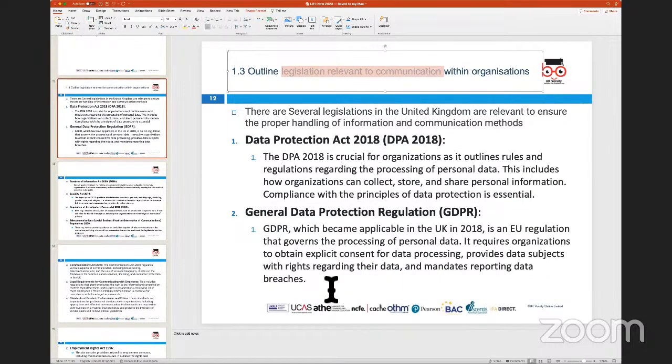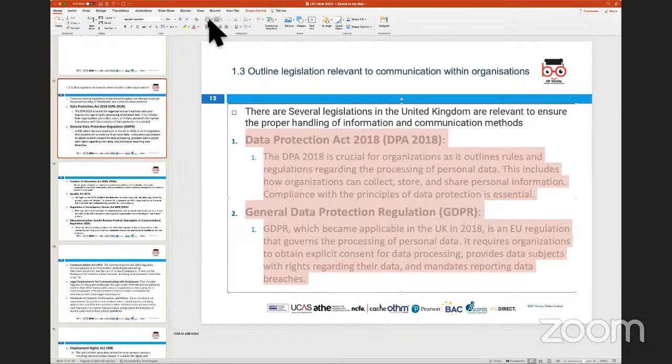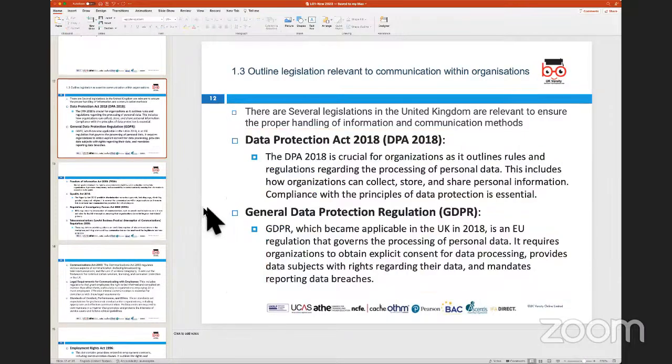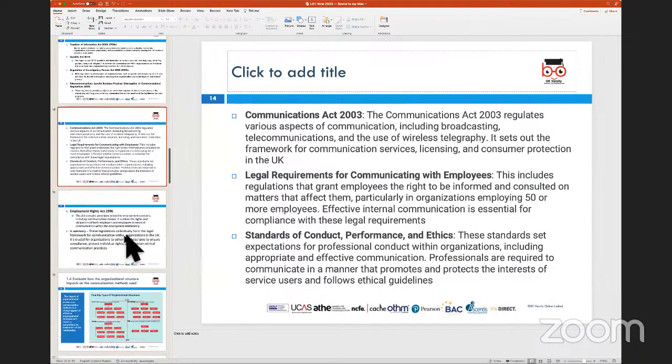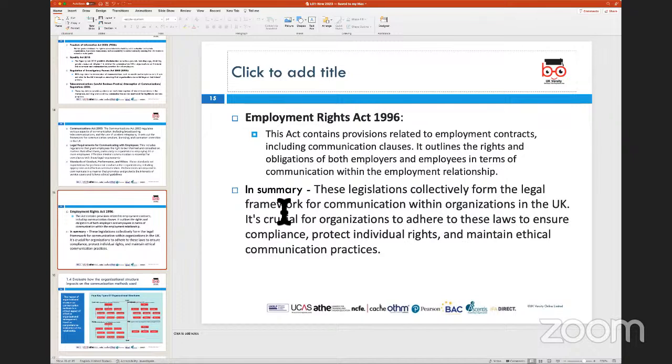So these are various different acts which companies have to follow when they look at their own communication policies and procedures. One act is data protection, within which you have GDPR. Freedom of Information is 2, Equality 3, this is 4, 5, you have 6, 7, 8, 9 different acts which are related to meeting compliance and procedures related to legislation for an organization.